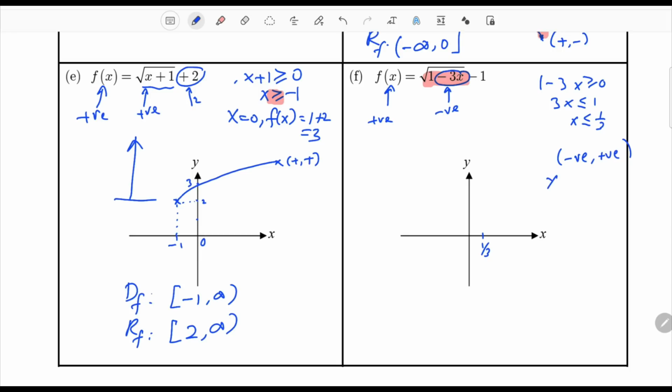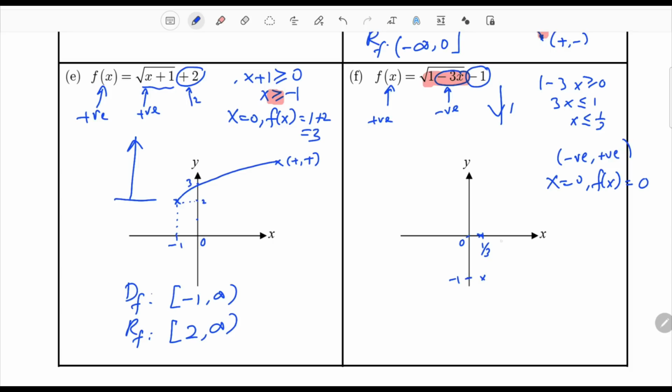Isn't it? So when x is 0, what do we have for your f(x)? So x is 0, so we get f(x) to be 0. Not to forget, we have minus 1 here. If we don't have any minus 1, it will start from here. But now when it is minus 1, we're going to shift downward by 1 unit. So let's say this is your negative 1.